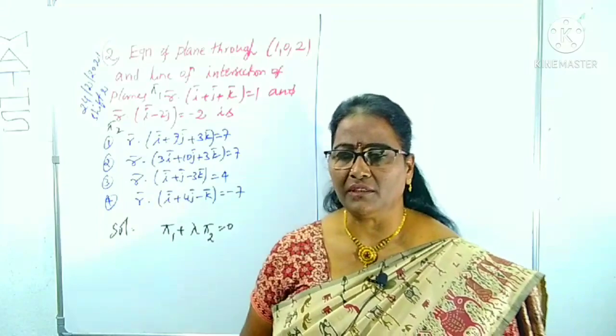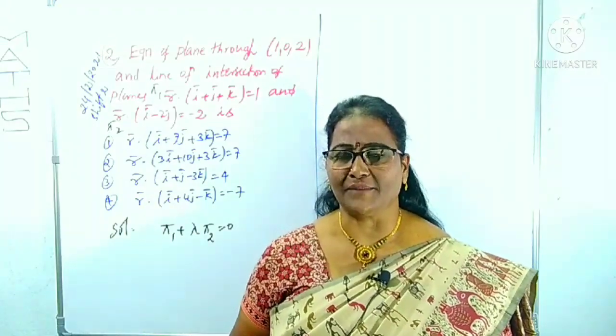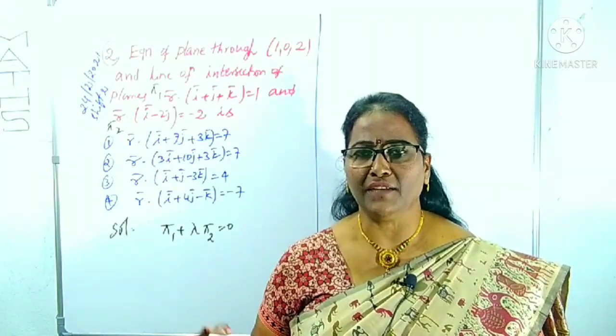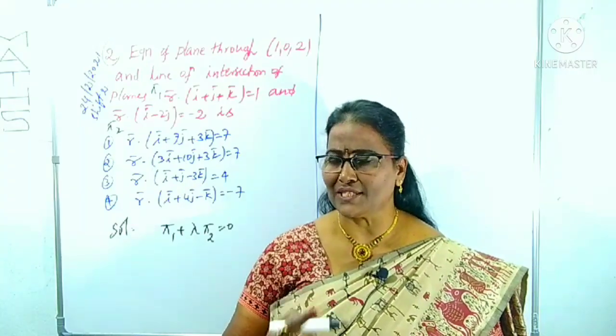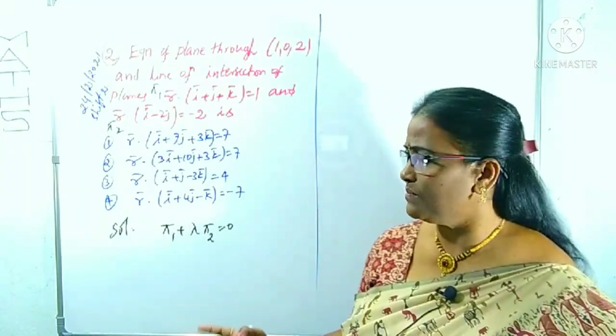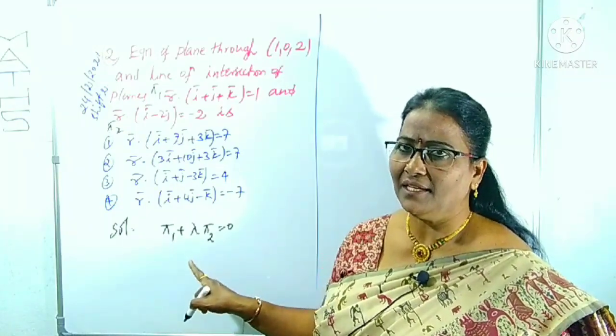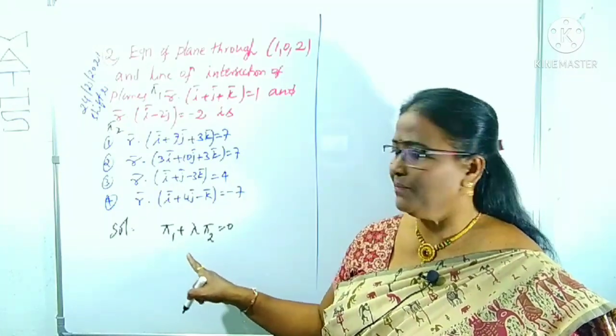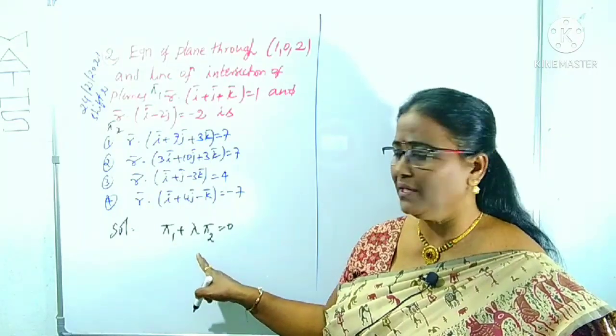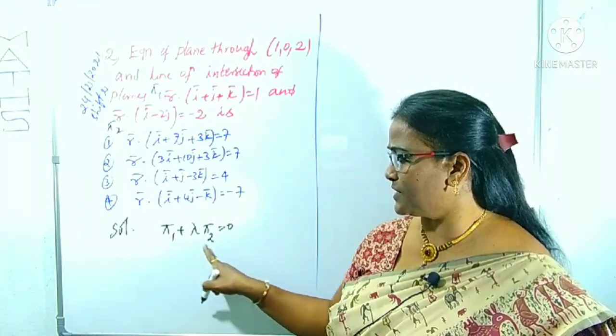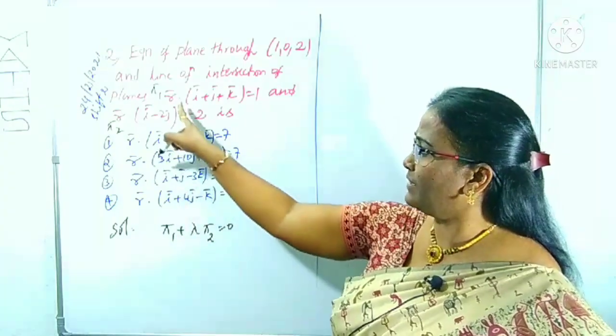A similar formula you already use in lines: the equation of a line passing through the point of intersection of two lines uses the same formula, but in place of pi 1 and pi 2 there will be lines L1 and L2. Here planes are given. This is the required equation of the plane passing through the intersection of pi 1 and pi 2. What is pi 1 here?